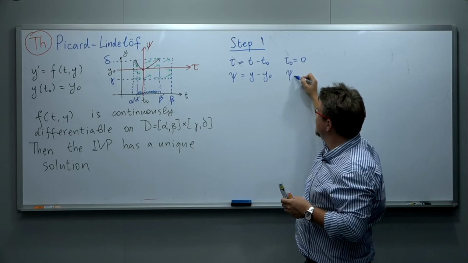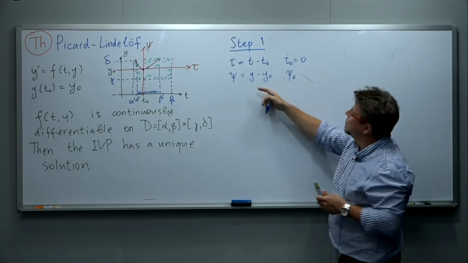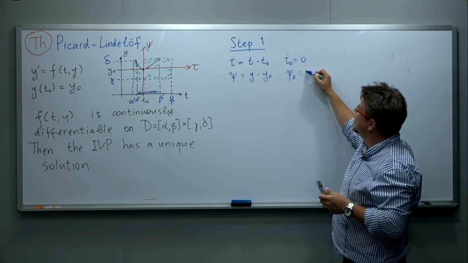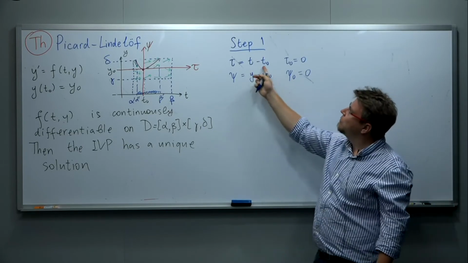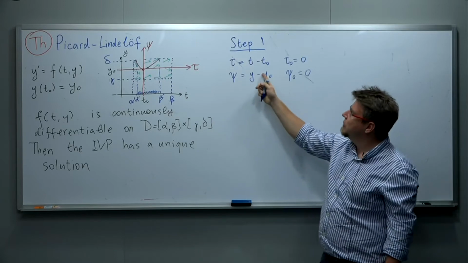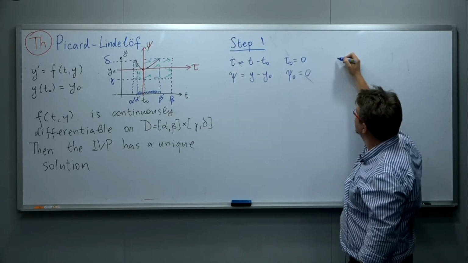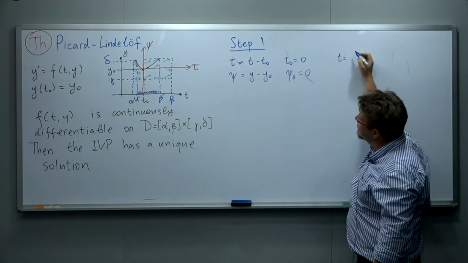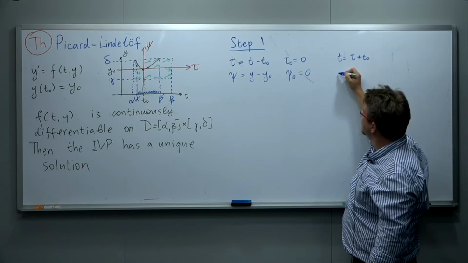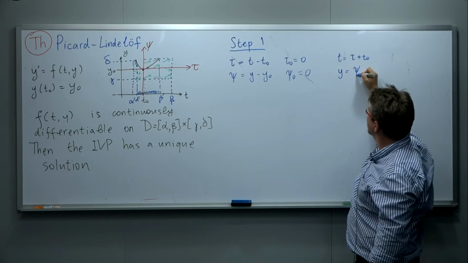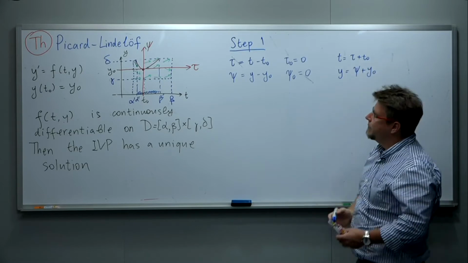So it means that the initial value of psi is going to be y0 minus y0, 0. Right? So at the same time, notice that we can move t0 to the left hand side, and y0 to the left hand side. So t is tau plus t0, and y equals psi plus y0.